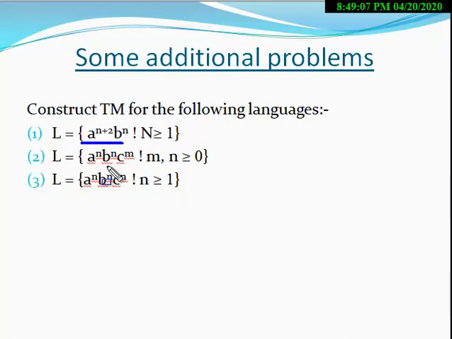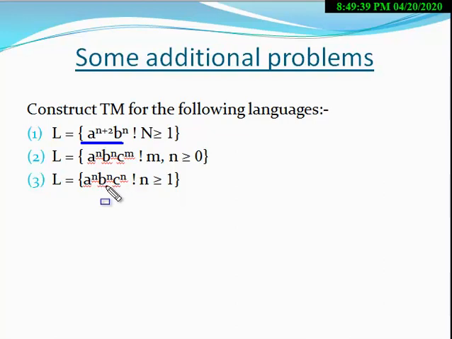Again move in the left direction, remove the second a, again move in the right direction, remove the second b. Similarly, you have to move left and right and remove all A and B simultaneously. After removing all A and B, you have to again move in the right direction, and only move in the right direction. When you reach the right end, the machine goes to the final state, right?